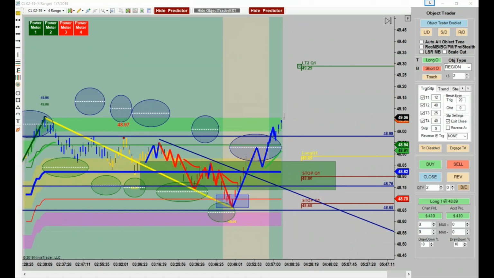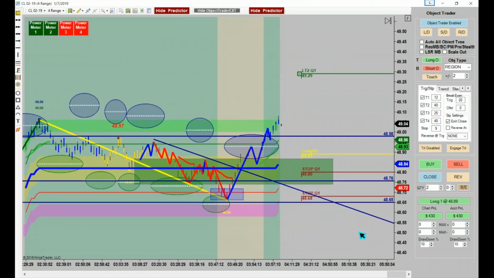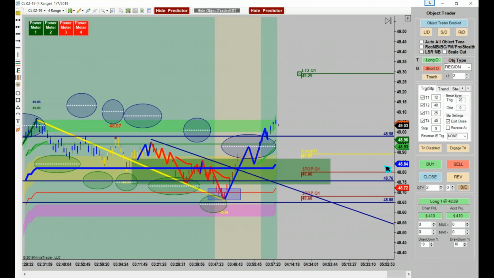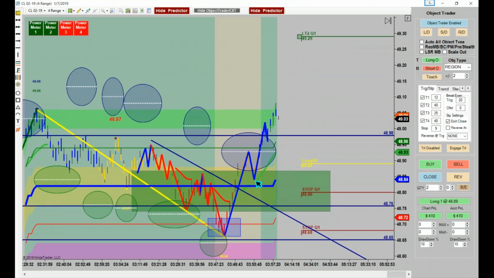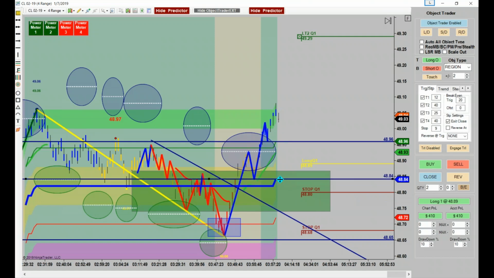Okay, now what if you had missed this trade entirely though? Okay, now tonight is more about stops and trail stops than entries, but you notice that you have a high, a low, and a higher high. So you have basically, like this swing here, this one here, this one here, this one here, and this one here. Primary, secondary.